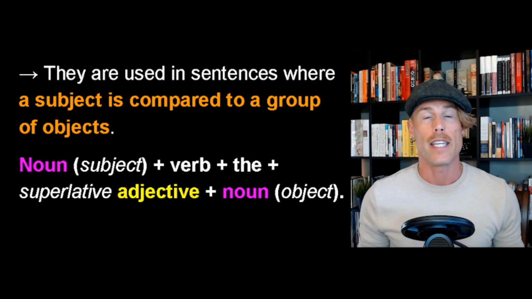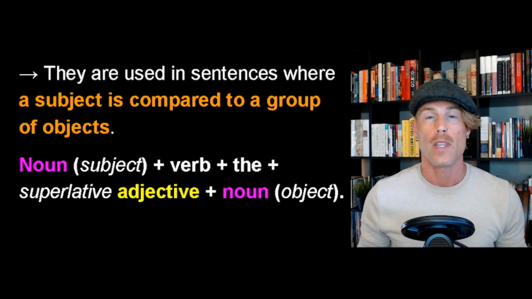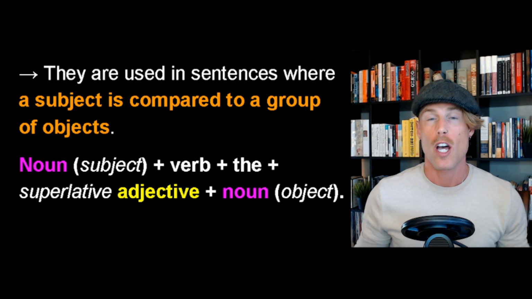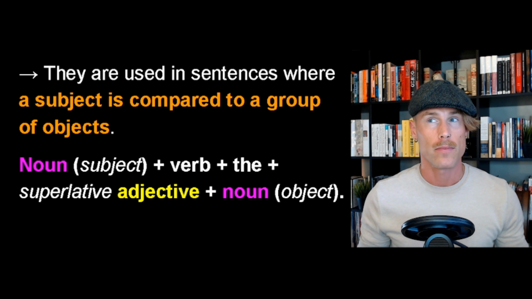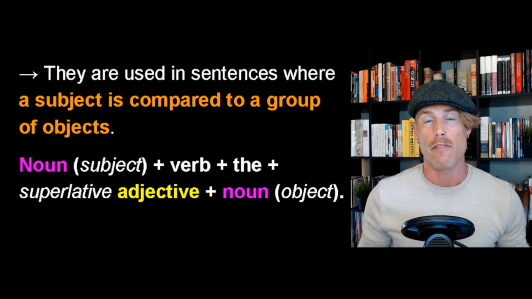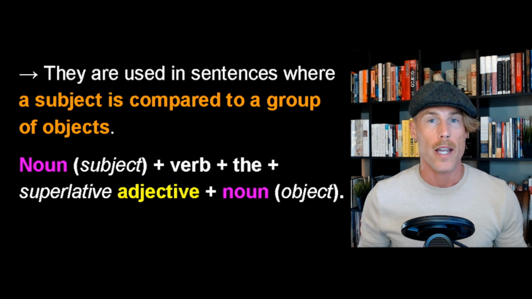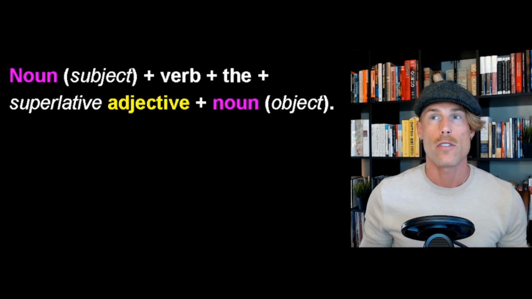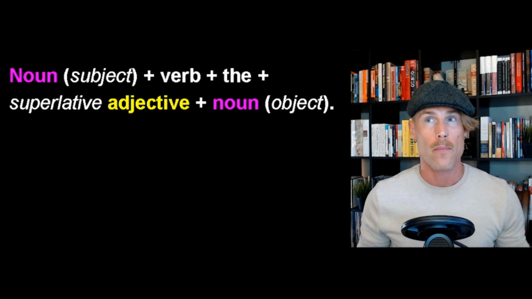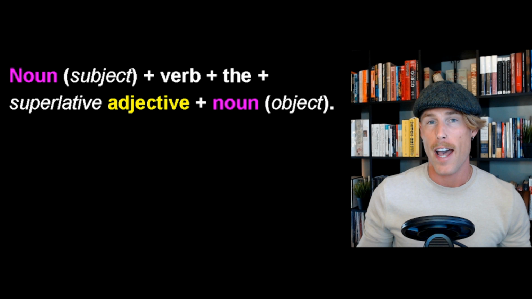This equation or formula looks like this: noun (subject) plus verb plus the plus superlative adjective plus noun (object). So, noun plus verb plus the plus superlative adjective plus noun.